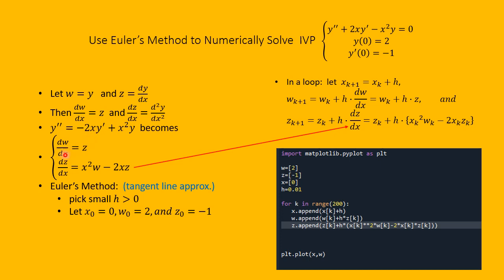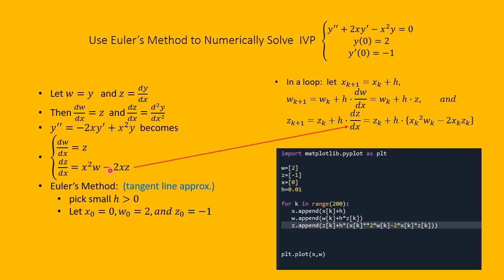So what can I say? Well, the first thing I know is that the derivative of w with respect to x is z. That's what we showed right up here. And let's see what this one is. The derivative of z with respect to x, well, wait a minute, that's the second derivative of y with respect to x, isn't it? Which is what I have right here. And now let's look at the other side, x squared times w. Now, w is y, so this is just x squared y, this stuff right here.